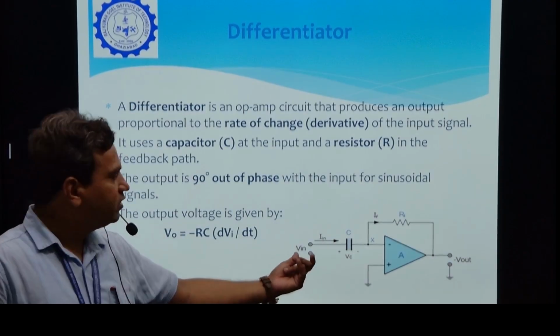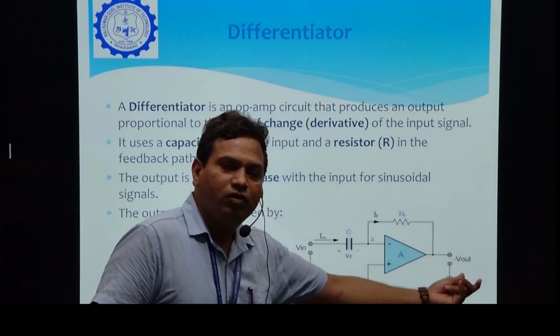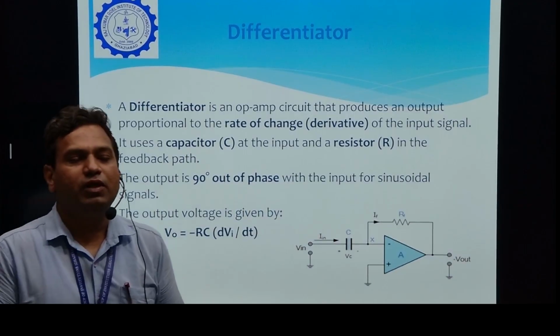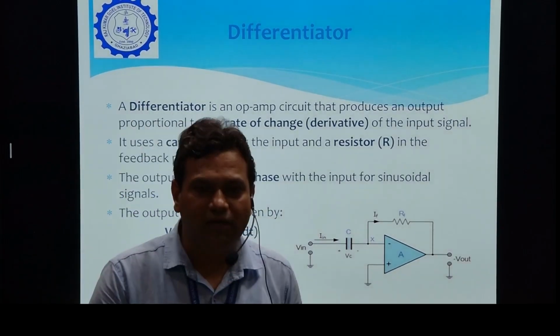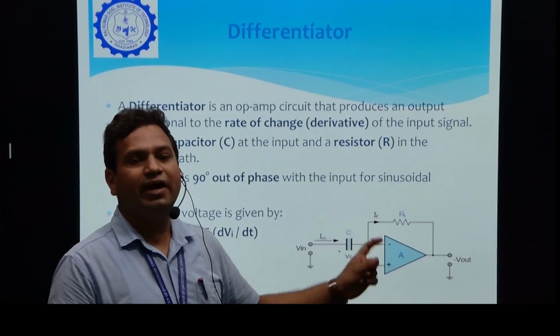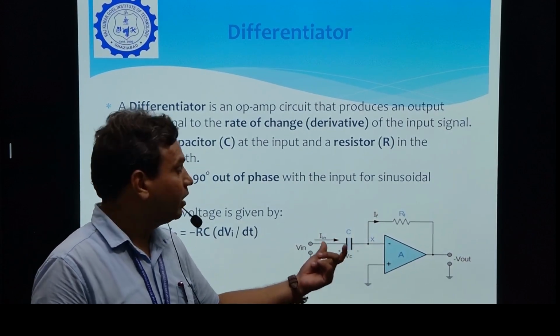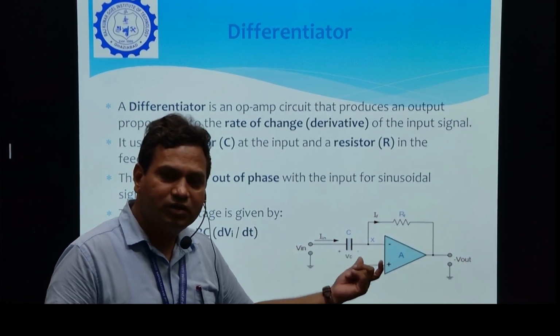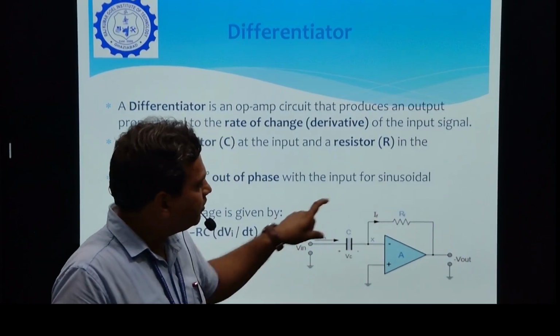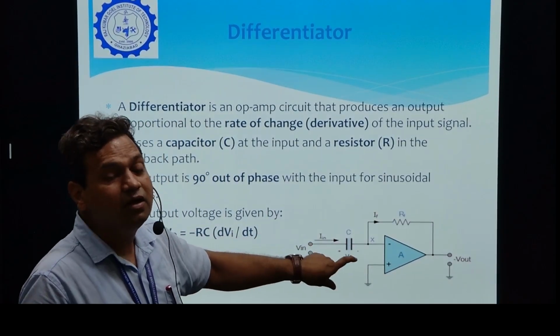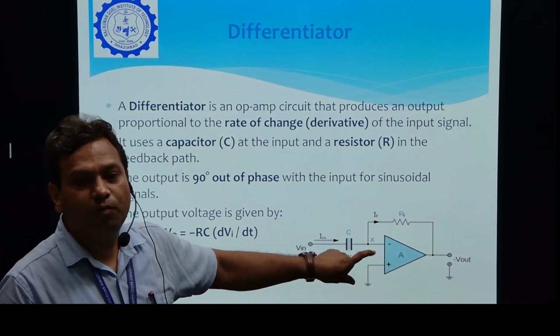If the input signal is V in and the output is V naught, then V naught is proportional to dV in upon dt, and the circuit is designed by replacing the resistance R in by a capacitor C, and this resulting circuit performs the mathematical differentiation operation.